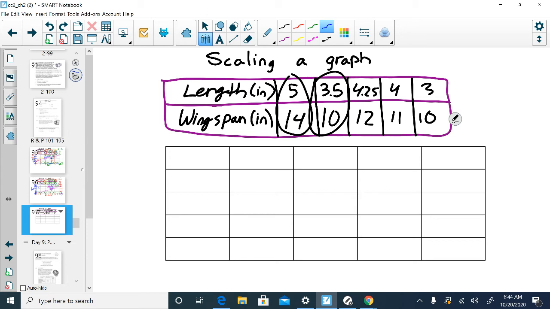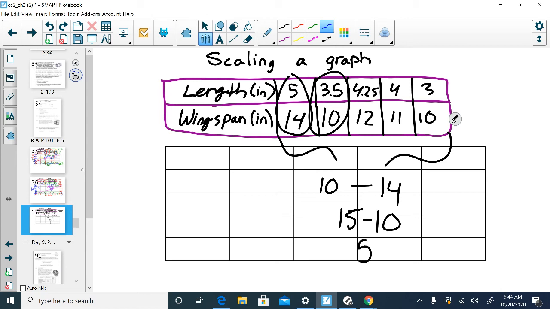And so here when we're trying to figure out our scale, well, let's first take a look at our range here. So we're going from, it looks like, what's our lowest? 10 up to 14. Okay, if we want to make that a little bit easier on ourselves, we can say we're going from 15 to 10. It's nice when you have numbers that end in zeros or fives. So if I do 15 minus 10, I get 5.